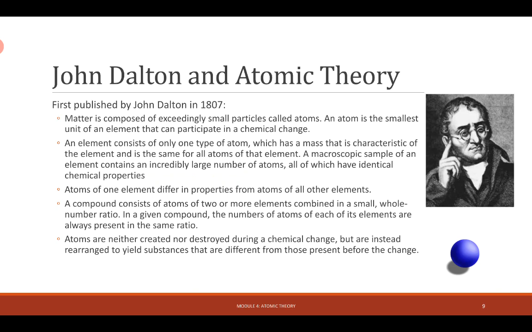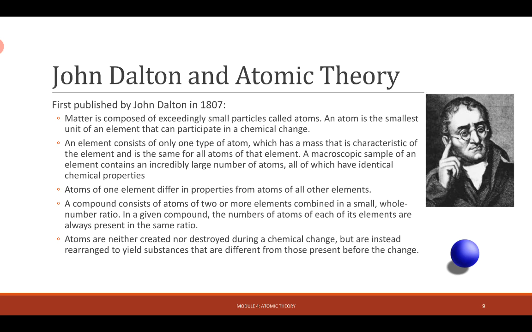John Dalton's atomic theory was first published by John Dalton in 1807. He said that matter is composed of exceedingly small particles called atoms. An atom is the smallest unit of an element that can participate in a chemical change.